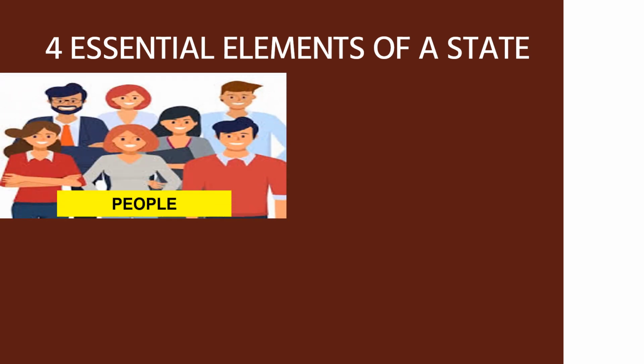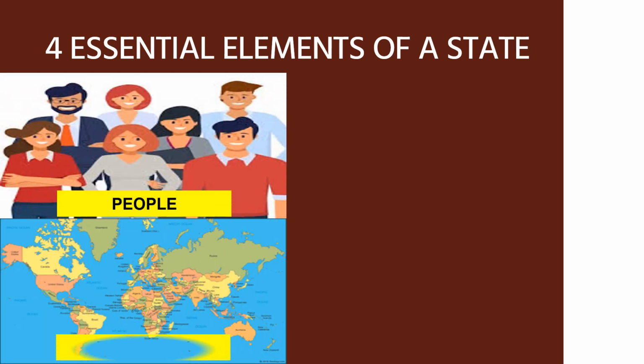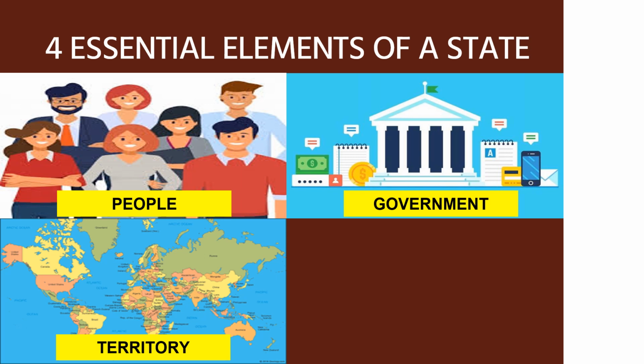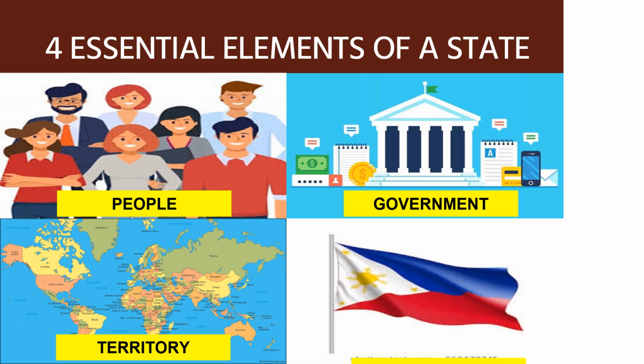People, the inhabitants of a state; territory, the fixed portion of the earth where inhabitants live; government, the instrument used by the state where its will is formulated, expressed, and realized; and sovereignty, the power of the state to command obedience.